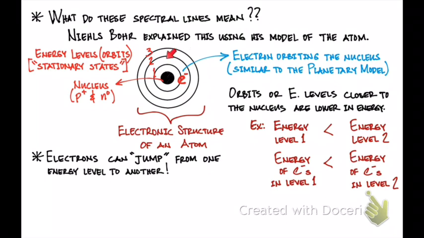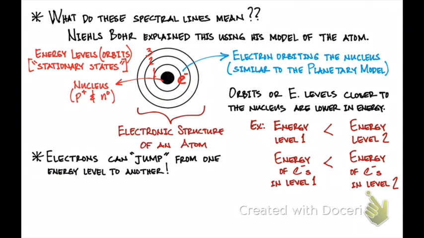These stationary states or energy levels shown here have very specific energy. And so the electrons orbiting the nucleus in a certain stationary state have a specific energy as well.